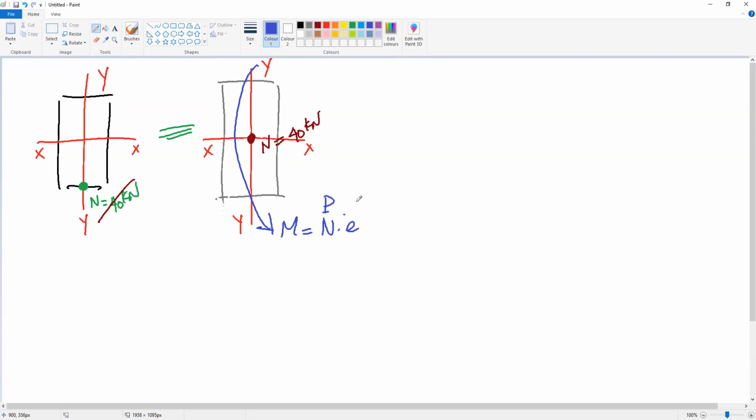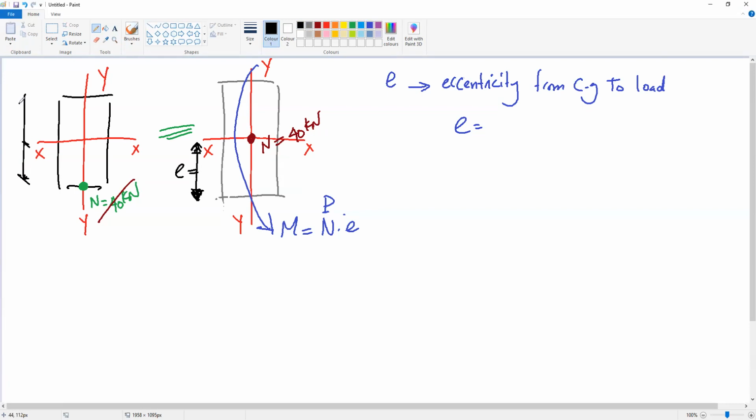How much is E in this case? E is the eccentricity from the CG to the load. Here E, from the centroid to the load, is the distance. How much is it? The whole section is 800, 400 above and 400 below the centroid.